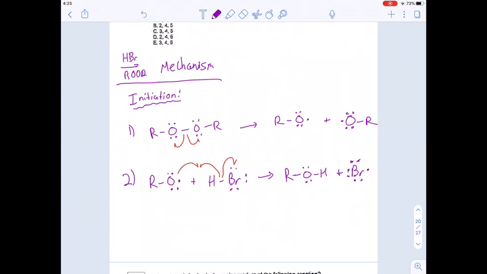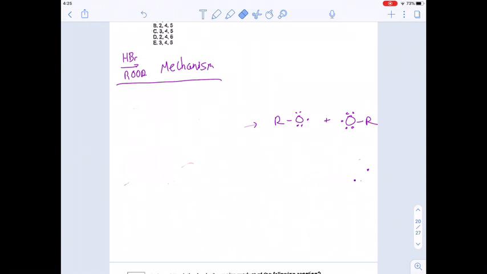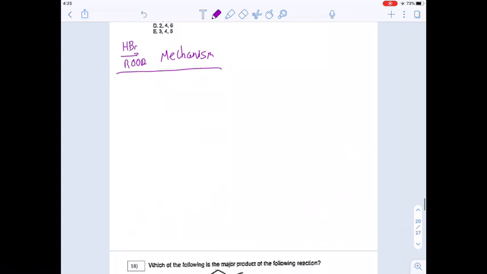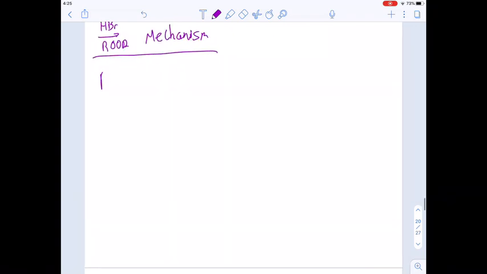So you end up with ROH plus your radical Br. And that is the steps for initiation. I'm going to erase and then go over the two parts to propagation.